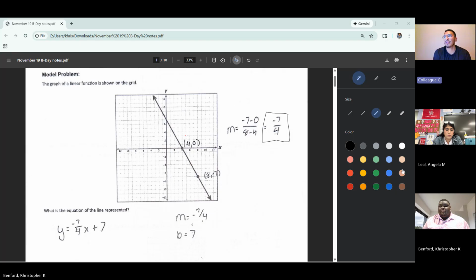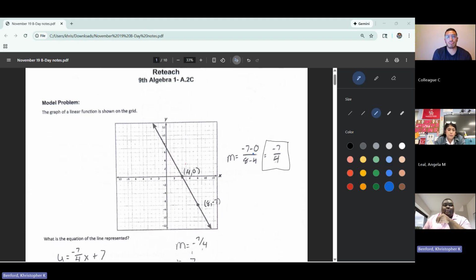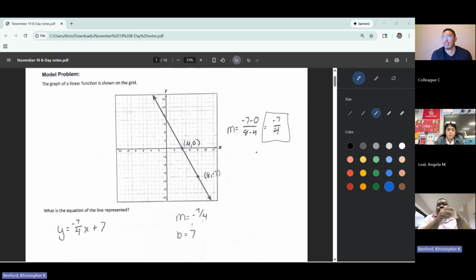One more question, Chris. Can you show us an example of a strong response versus a developing response? Beautiful. So if we're looking right here, this is my exemplar. This would be what a strong student would give me.